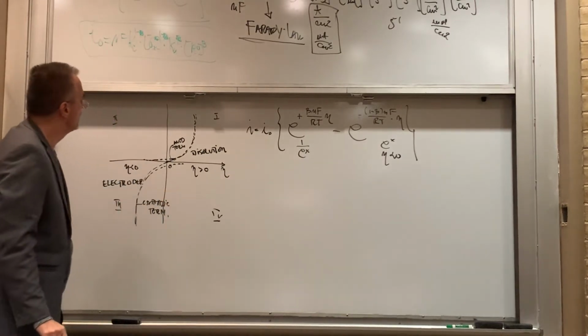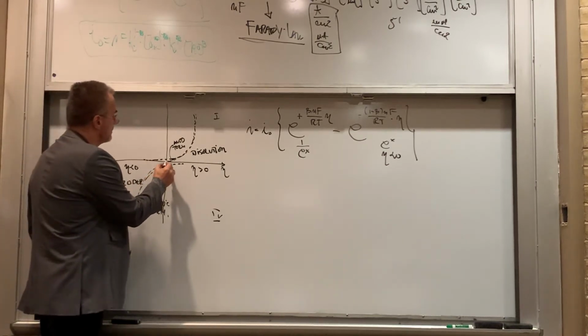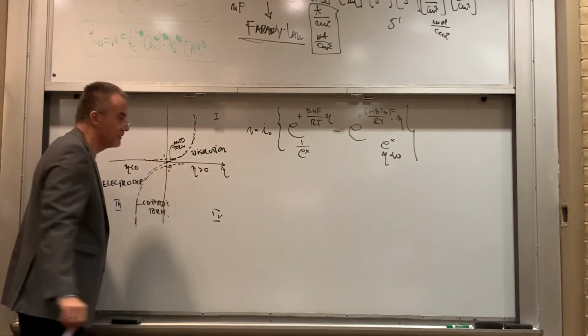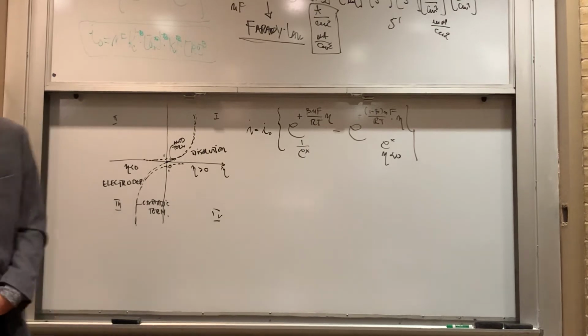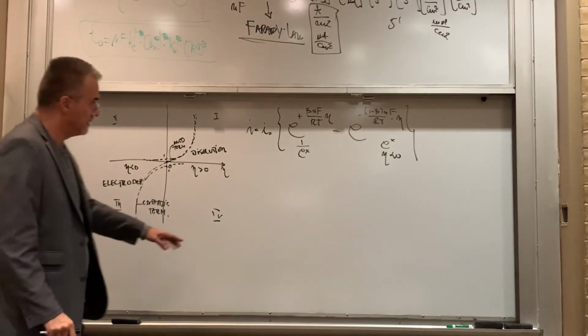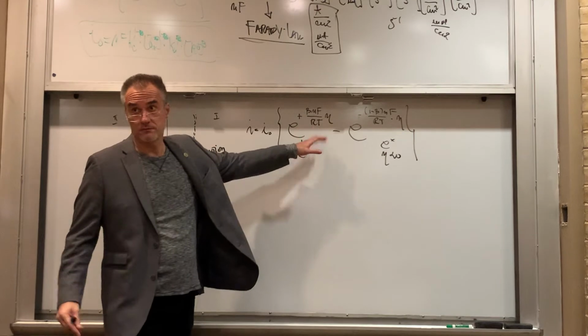Okay? You can see they cross here at 1. Okay? For 0, because e to the 0 is 1.